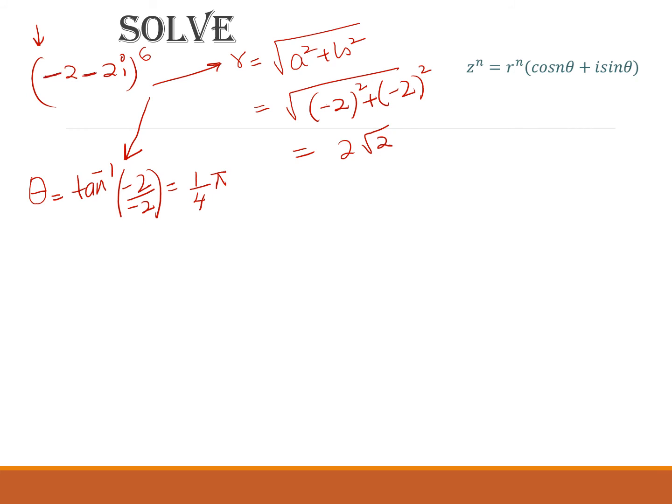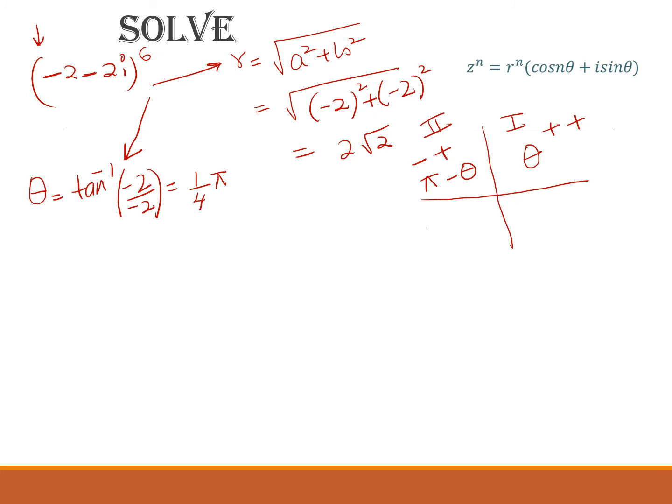The complex number which is given to us in the form of x and y, they both lie in the third quadrant. Now just revise what we have taken before. If x and y lie in the first quadrant, it means x is positive, y is positive, we consider the angle as it is. If x is negative and y is positive, it means they are in the second quadrant, so we use the formula pi minus theta to find the argument.